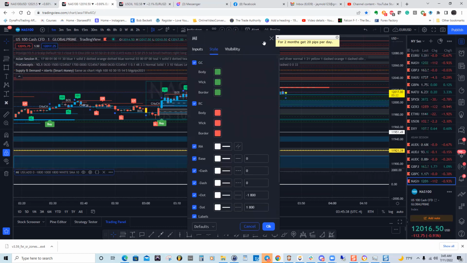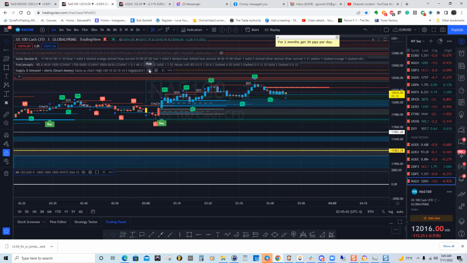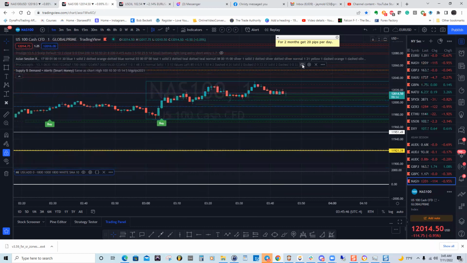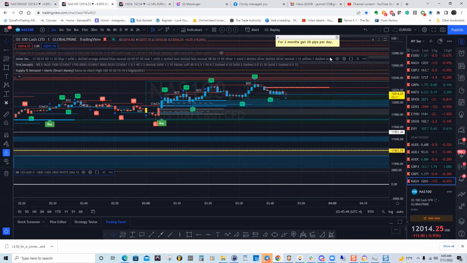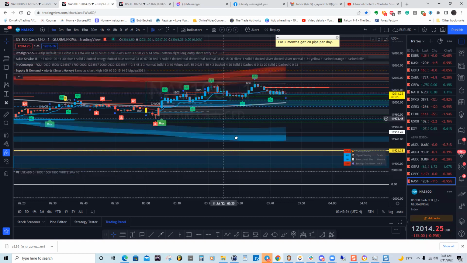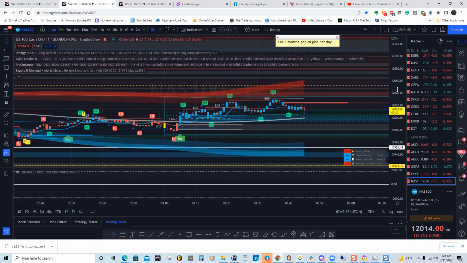Okay, that's fine. Where's this coming from? The size? No. Here. Oh, here. Okay, well that's fine. It just shows these candles here like this.